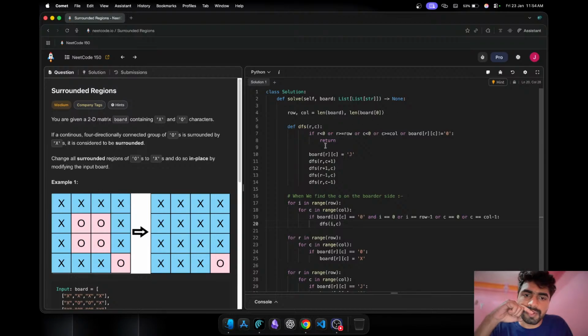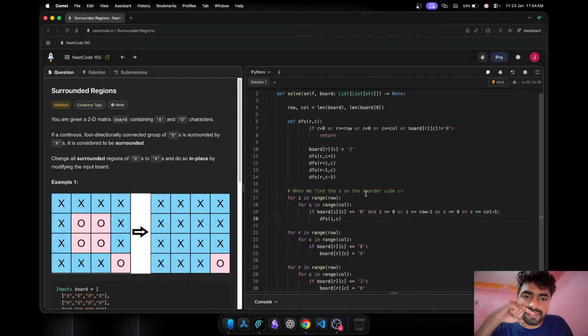Row, column, K is converted to Z, DFS up, down, left, right, for I in range row. I'm not seeing any kind of mistake in my problem.